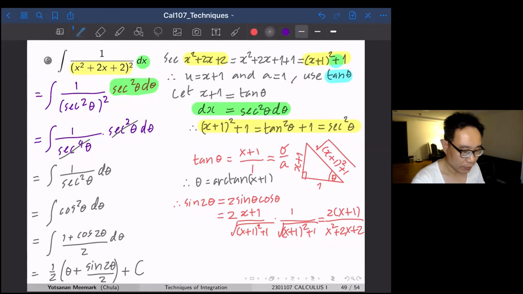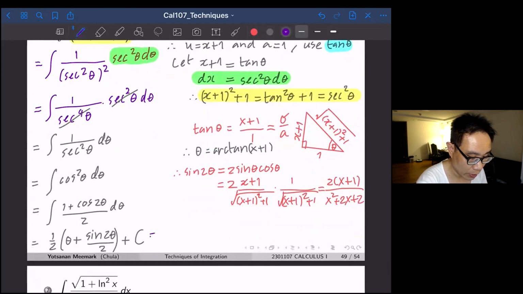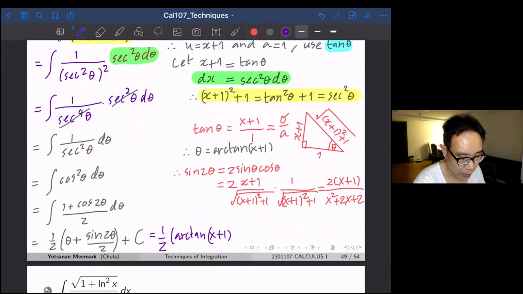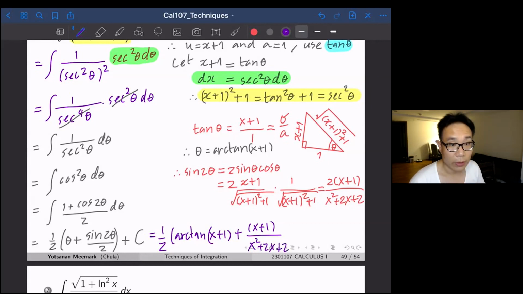Okay, and then you're gonna put everything together, so it's gonna be 1/2 of tan inverse of x plus 1, plus sine 2 theta over 2. So the 2 will be cancelled. So it's going to be just x plus 1 over x squared plus 2x plus 2. Okay, and then everything plus c.